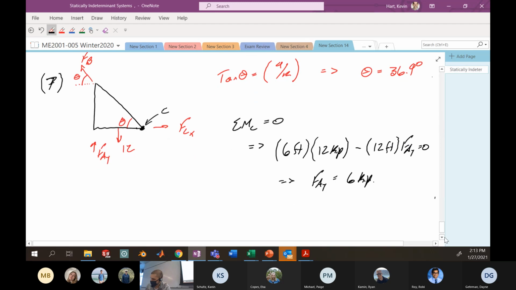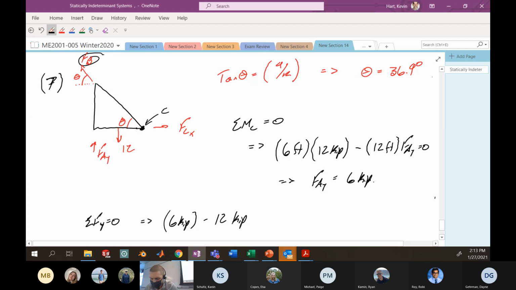All right. Now with that information, I could go and solve the force at B in the Y direction using the sum of the forces in Y. So this is going to give me this FAY here up, which I know is 6 kips. This 12 is down, so minus 12.